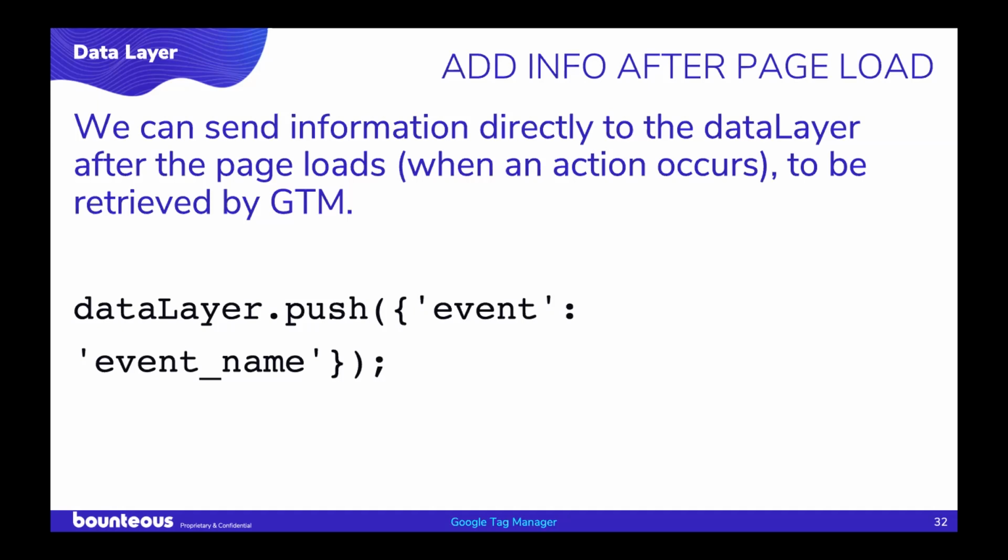But we also talked about things like custom events on a page and interactions that happen client side after the page loads. So these are all simple, in some cases almost pseudocode-like examples. But in your custom code in your JavaScript, you can essentially push things onto the data layer anytime after your page load to also make that available to Google Tag Manager.